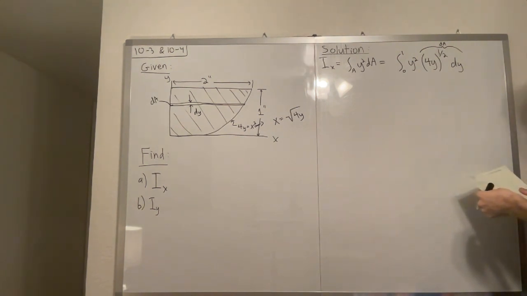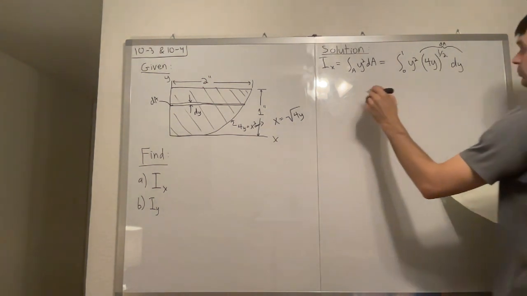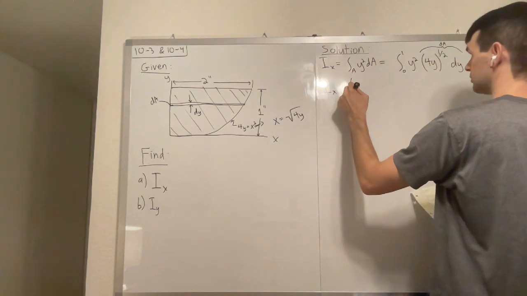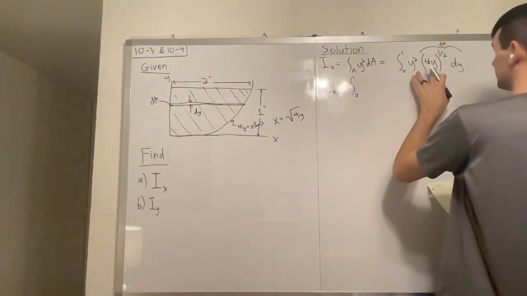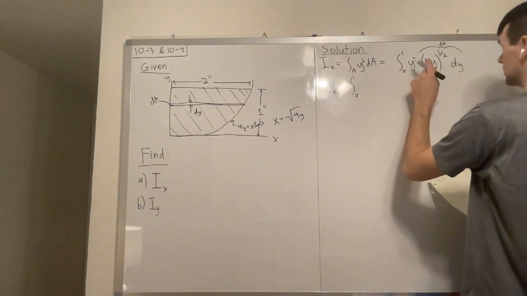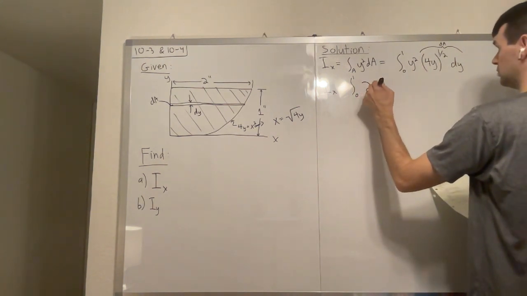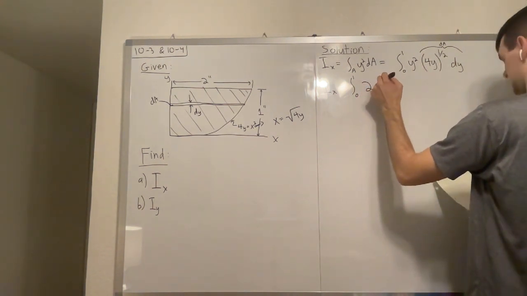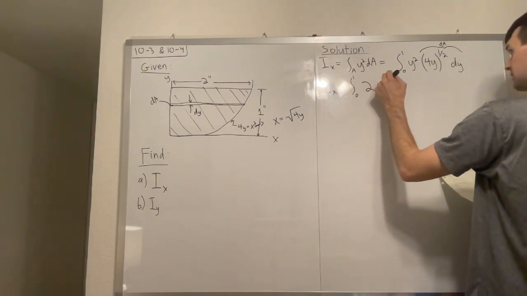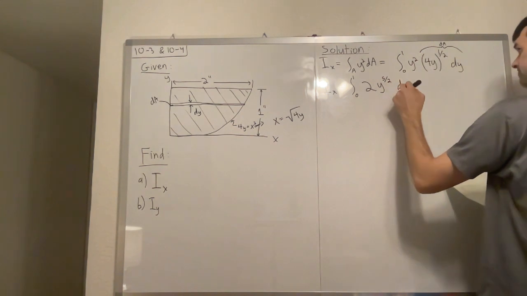So let's rewrite this. We get Ix then equals the integral from 0 to 1. And if we combine our y's, we end up getting 2 times y to the 5/2 dy.